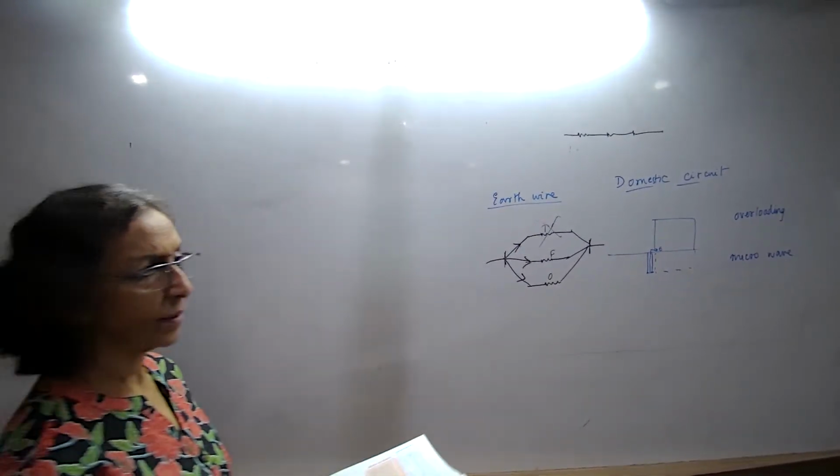First point: the earth wire is connected to a metal plate deep in the earth near the house.